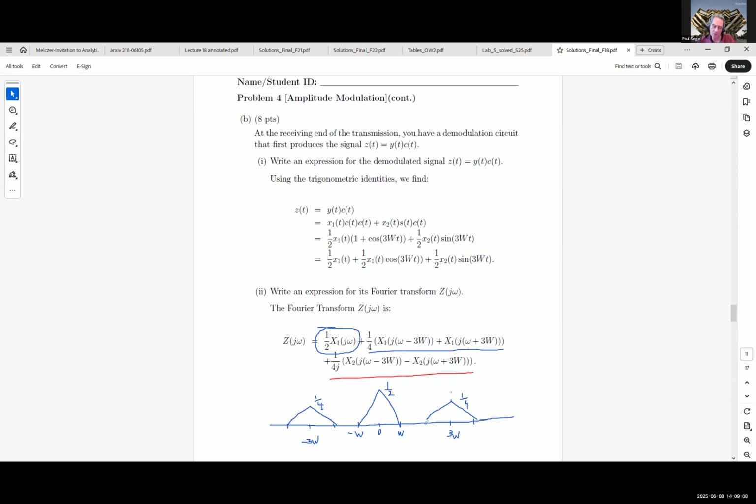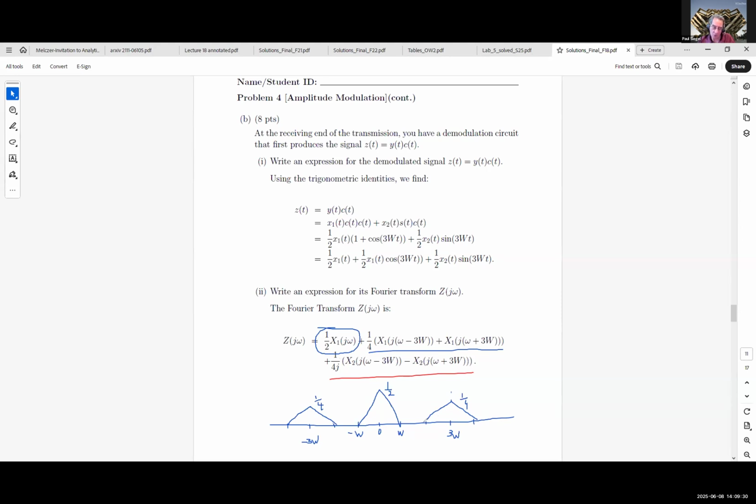I'll draw them underneath. This 1 over 4j is complex, so in a way we can't really draw it exactly on here, but conceptually, 1 over 4j is the same as negative j over 4.